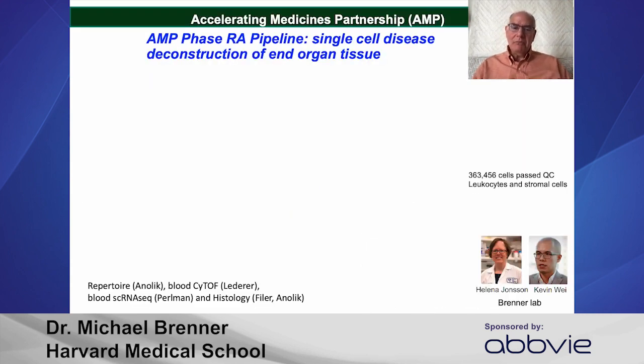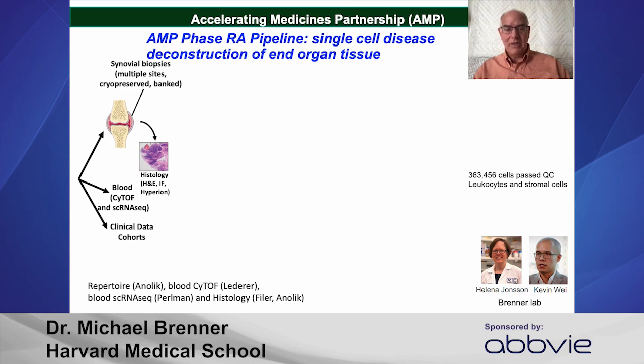Well, I'd like to mention briefly the AMP. This is the AMP RA-SLE consortium that's been going on for about 7 or 8 years, supported by NIH and company partners. It is intended to be a single-cell disease deconstruction consortium in which biopsies of the synovium from RA or the kidney from lupus nephritis are analyzed at the single-cell level to try to figure out what the cells are and what they're doing causing the pathology.